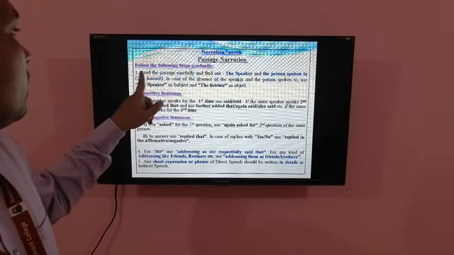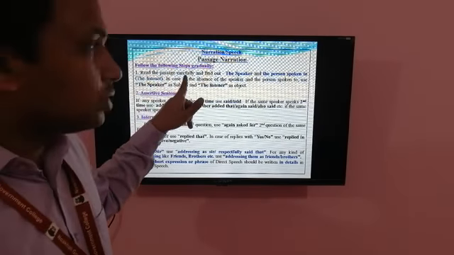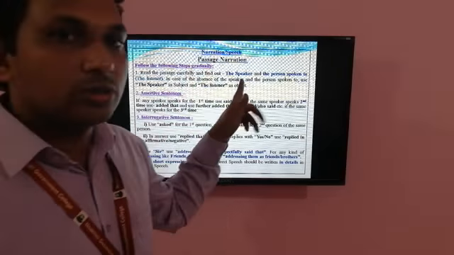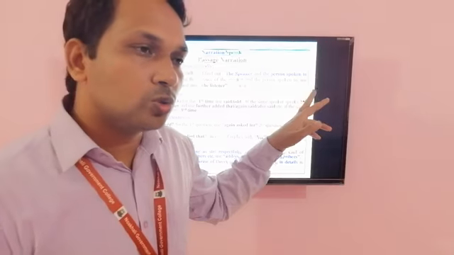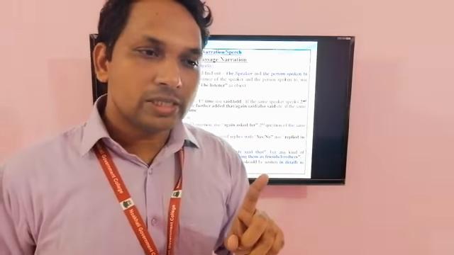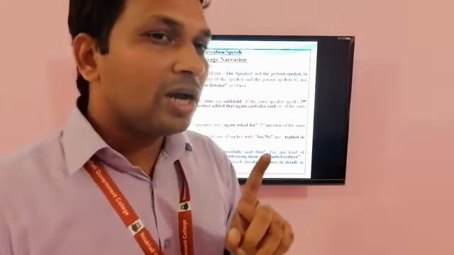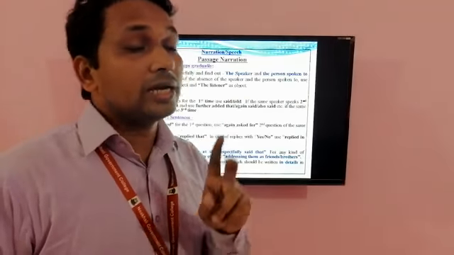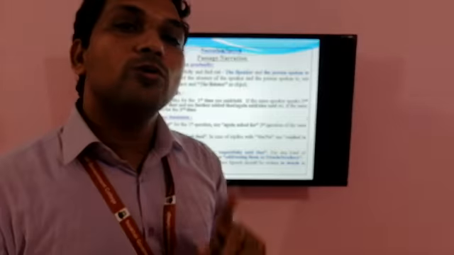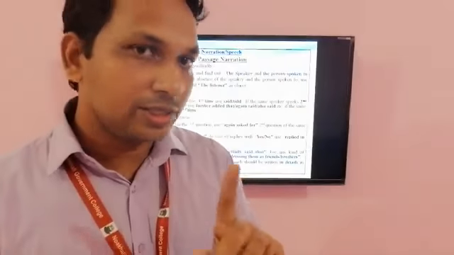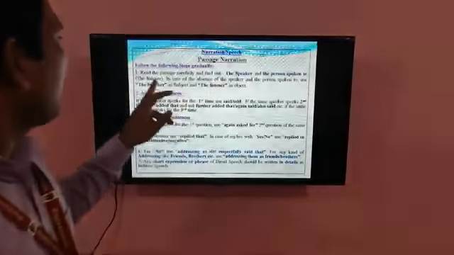Gradually, remember. Number one, read the passage carefully and find out the speaker and the person spoken to. Dear students, you have to read the passage at least twice to find out who is the speaker and who is the listener. This is your first step.